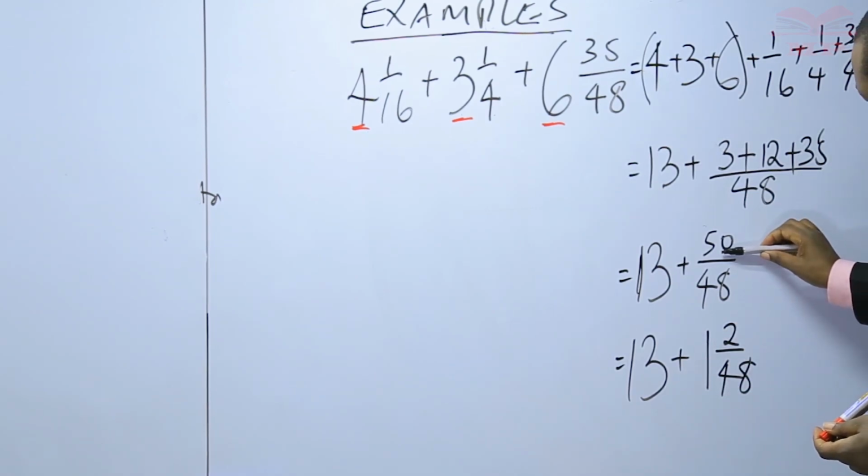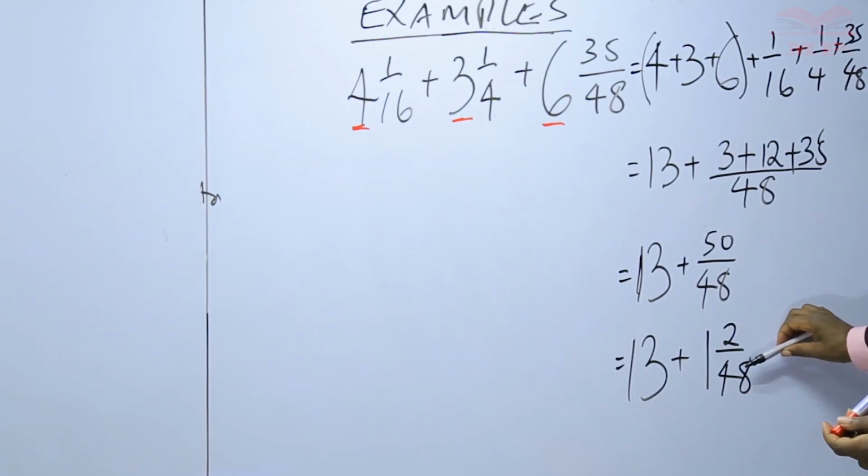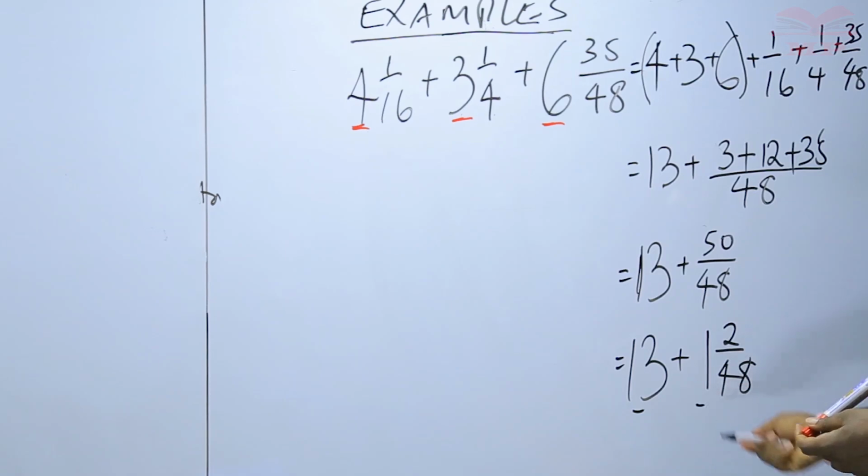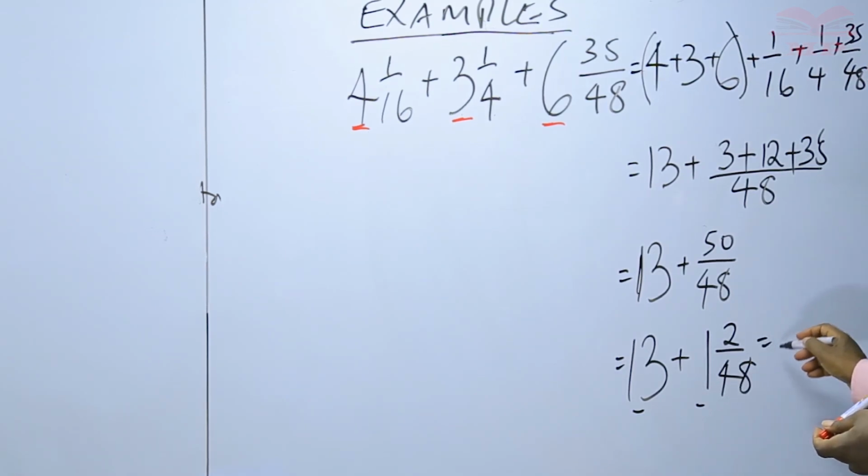We converted this improper fraction into a mixed number. After that, we add the whole numbers. 13 plus 1, which is 14.